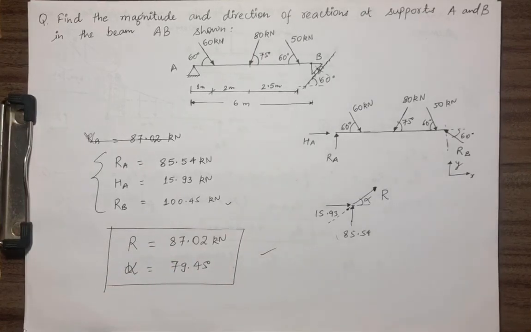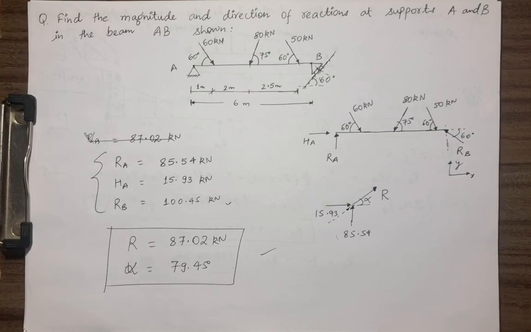So I have tried to cover variations of the problems for beams. You are free to solve as many problems as you can, because if at this stage you solve a number of problems, then it will be much easier for you in the later stages when you will be learning mechanics of solids, strength of materials.